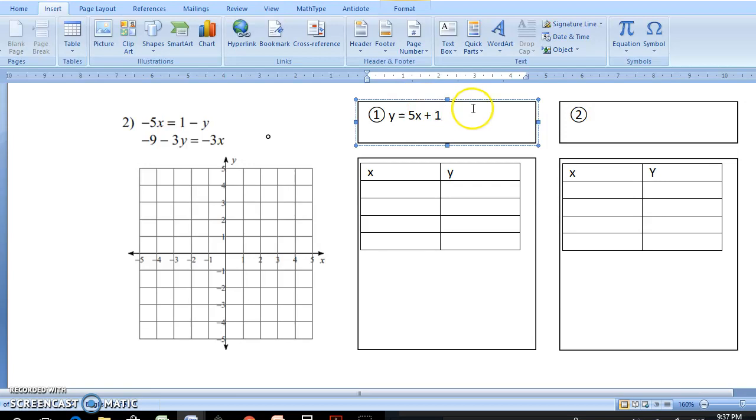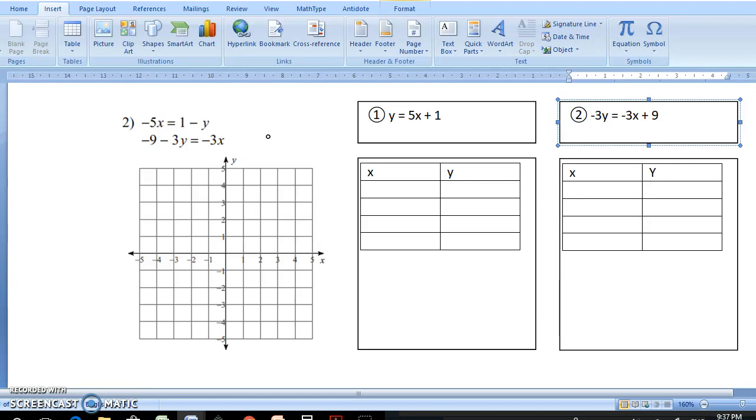That's the first one. And the second one over here, if I isolate the y again, I would get negative 3y equals negative 3x plus 9. I added 9 to both sides.